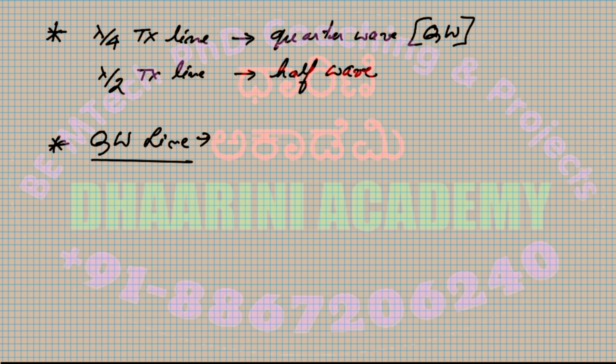We have already seen it, if you remember: Z naught can be calculated as the square root of ZL into ZS. Some books write it in the following format: ZS equals Z naught squared divided by ZL. It is the same equation.